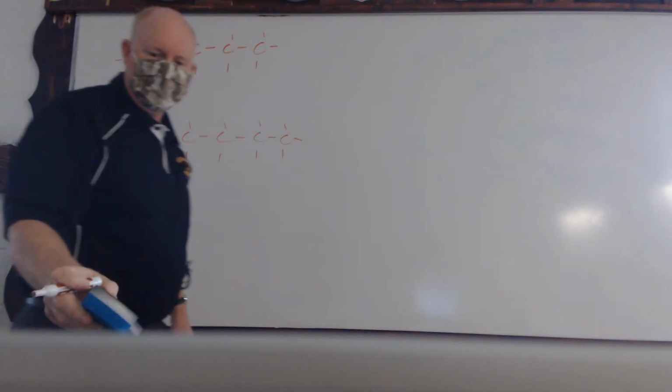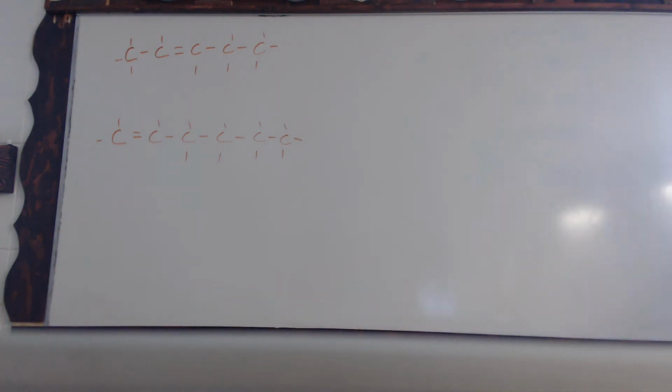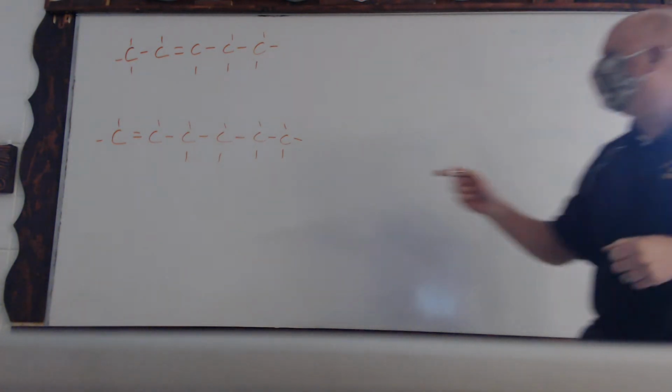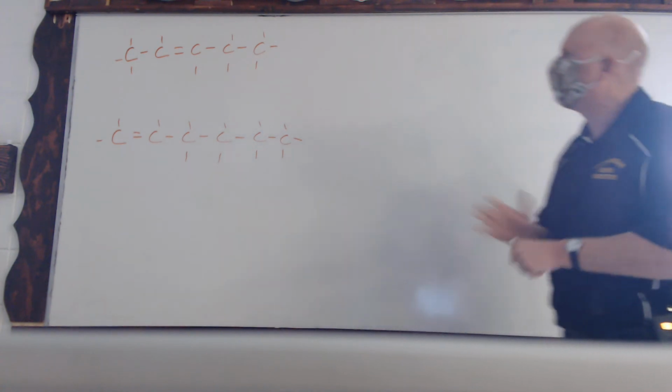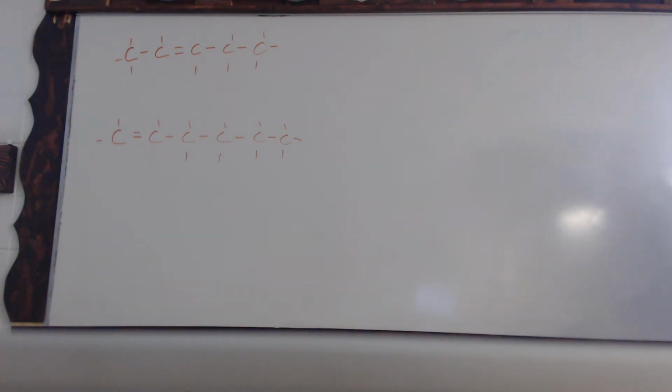Okay, now when you look at those two parent chains, one of them is 2-pentene, the other one is hexene, I think. 1, 2, yep, hexene. Are those both symmetrical, are they both asymmetrical, or is there one of each?